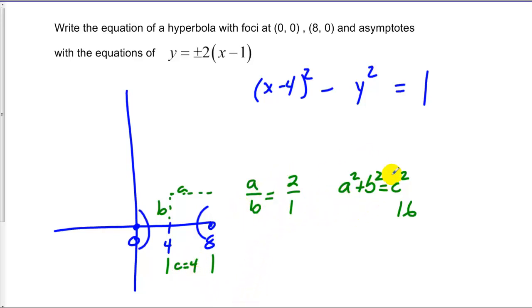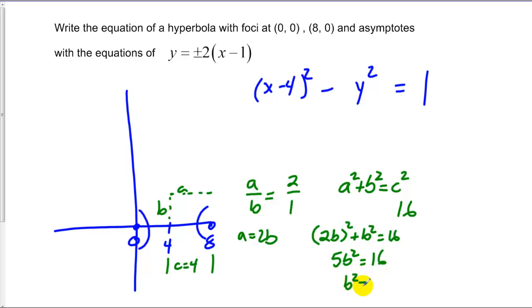Therefore, in this problem right here, I can solve for A or B by doing a substitution. I know A equals 2B. So therefore, if A is equal to 2B, I have 2B quantity squared plus B squared equals 16. Therefore, 5B squared is equal to 16, and B squared is equal to 16 fifths.